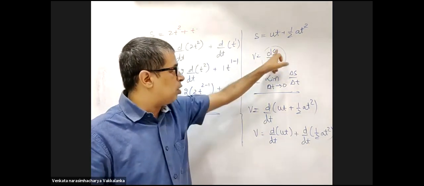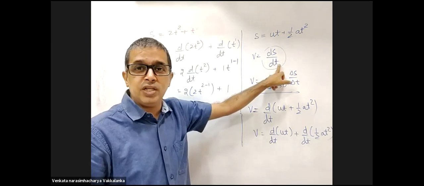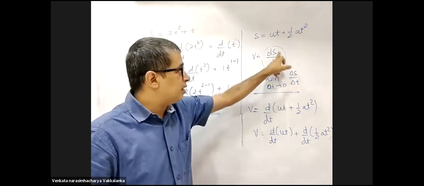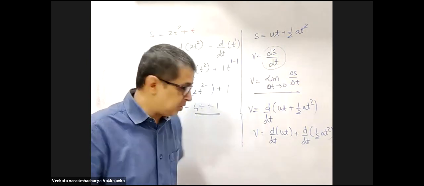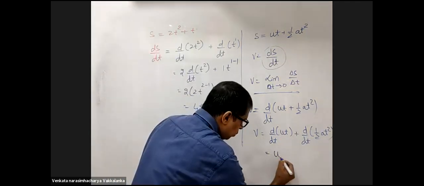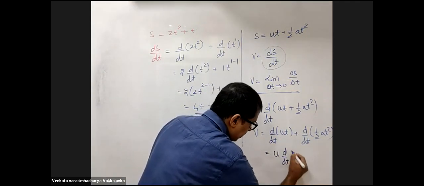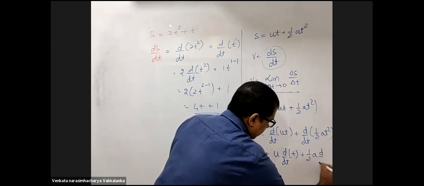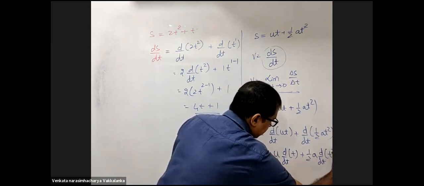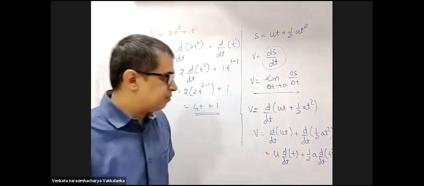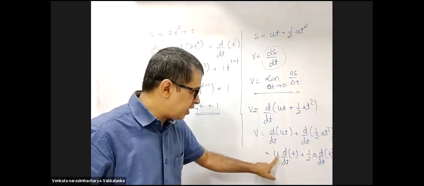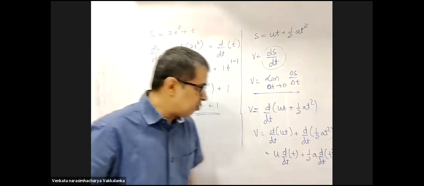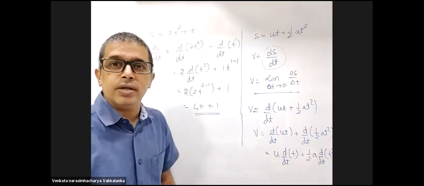All I know about velocity is the rate of change of displacement. Now, u into d by dt of t, plus half a into d by dt of t square. u was a constant, I brought it out. Half a was a constant, I brought it out.